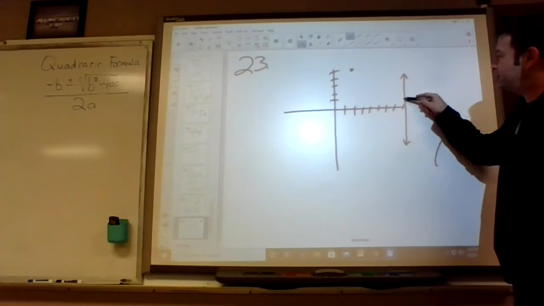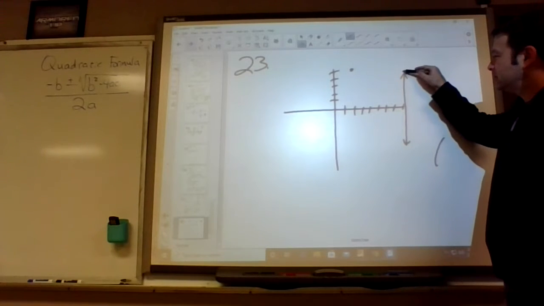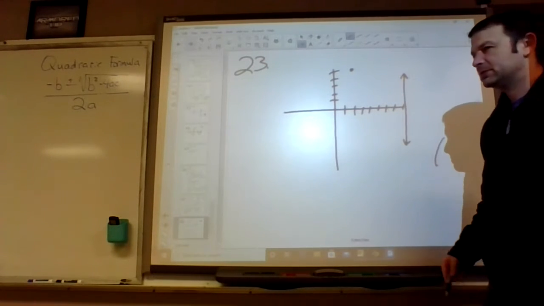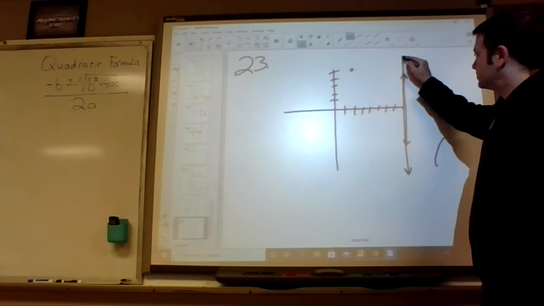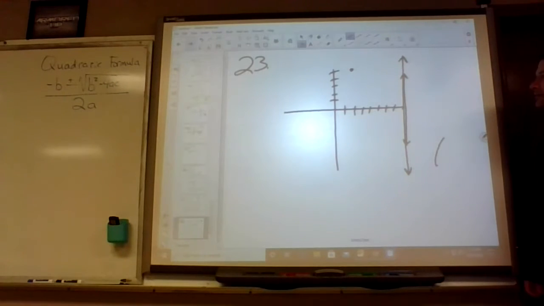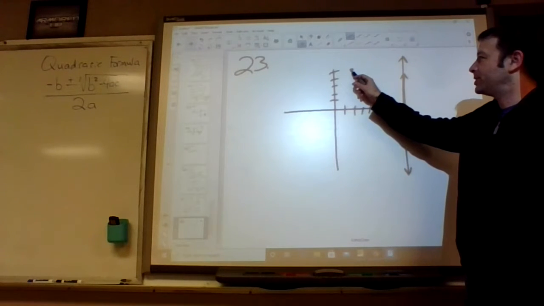What would a line that's perpendicular to this line look like? You guys remember what perpendicular means? Intersecting at a right angle. Yeah. It's a horizontal line, and it's got to go through this point right here.